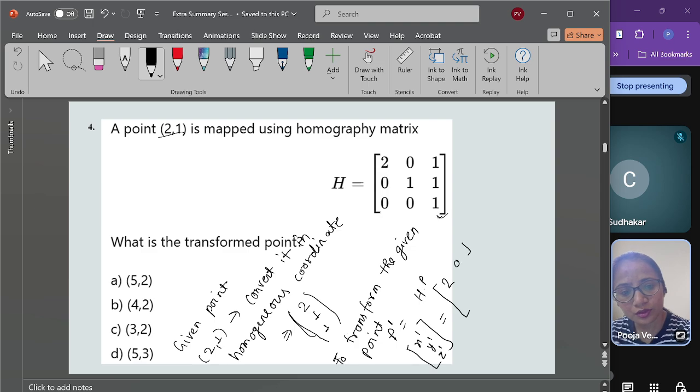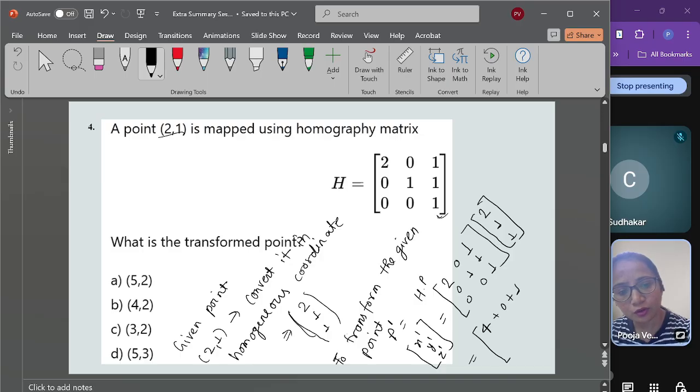The matrix H is 2 0 1, 0 1 1, 0 0 1, right? It is given here, and our given point is 2 1 1. Simply we need to multiply these two. So 4 plus 0 plus 1.